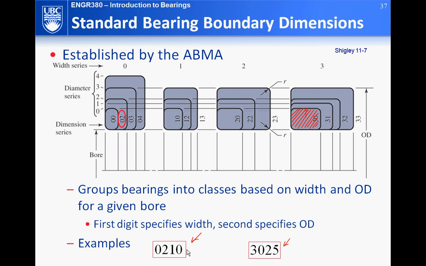Which would be 50, right? I have a 0, 2, 10 and a 0, 3, 10. Which one has a wider width? 0, 2 or 0, 3? 0, 3, right? So that's what you can tell. Understand these numbering things here, okay?